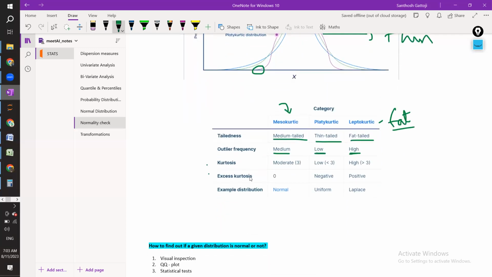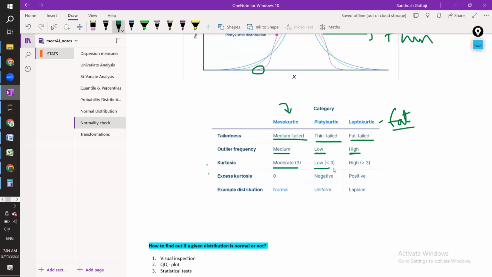One thing, see guys, the kurtosis for a normal distribution will be equal to 3. The average, resting value is 3. Anything less than 3 is what?